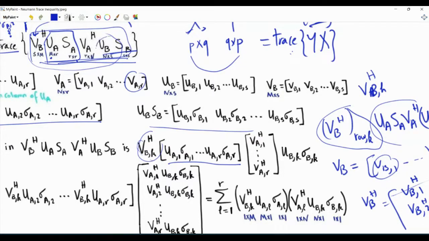And then we will take the kth column in this matrix. UBSB is this matrix, so the kth column will be UBK sigma BK. It is the kth column in matrix UB multiplied by this scalar quantity sigma BK.